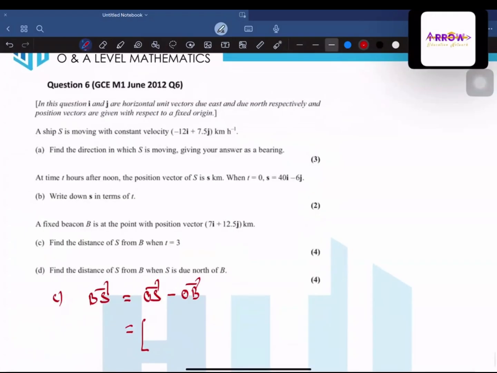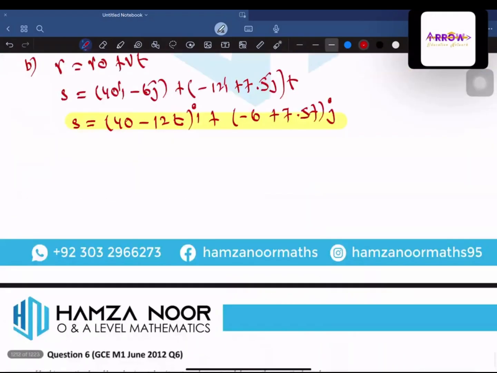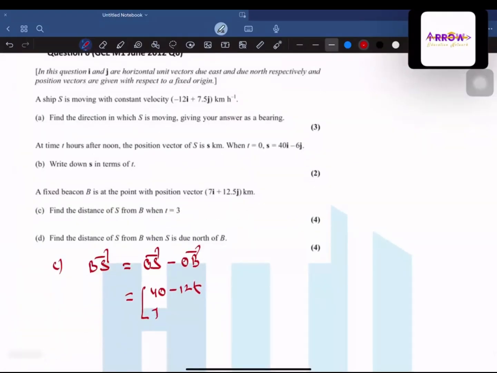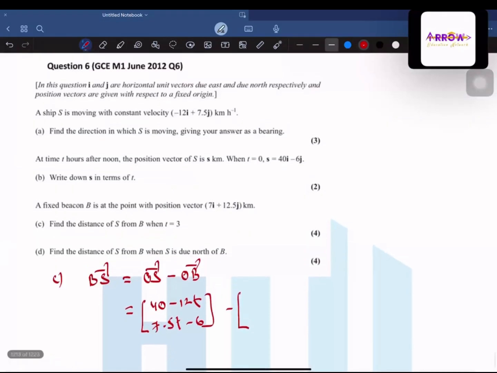You can do your working in column vector form. The j component is minus 6 plus 7.5t, or you can say 7.5t minus 6. And then subtract the OB vector, which is the position vector of point B, whose i component is 7 and j component is 12.5.